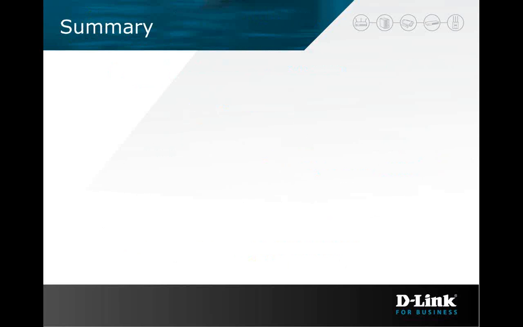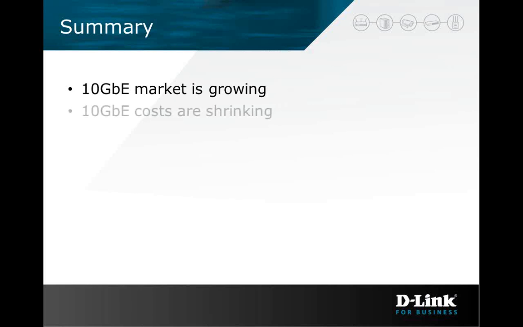All right, so I know I ran a little bit late, but a quick summary on what we talked about. We looked at IDC and Infonetics information, and we know that the 10 gig market is growing, and in fact, from a switch revenue perspective, we saw that 10 gig will overtake gigabit revenue this year worldwide.